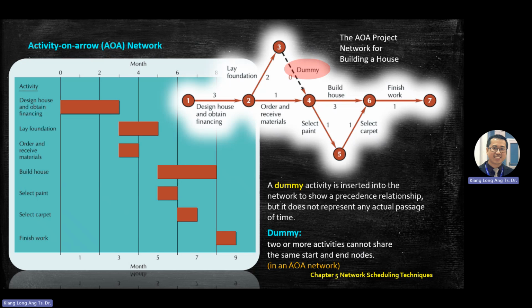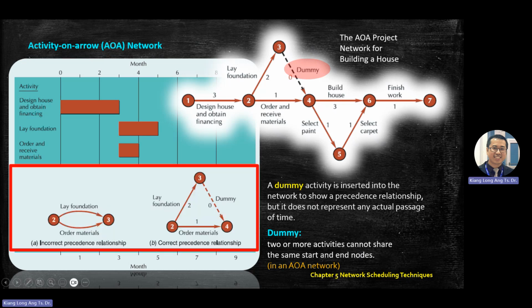You see the select paint here? This is number 4. Number 4 goes to these 2. Number 5 is where? It is this one. After you select paint only can you go to carpet. So that's why you put the 5 there.